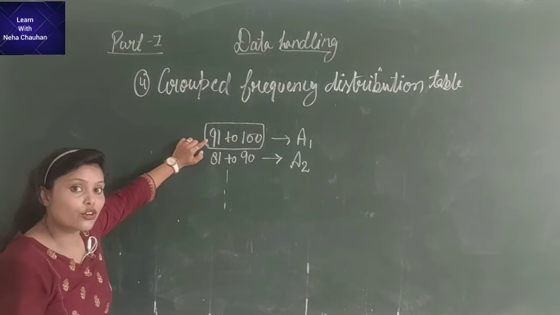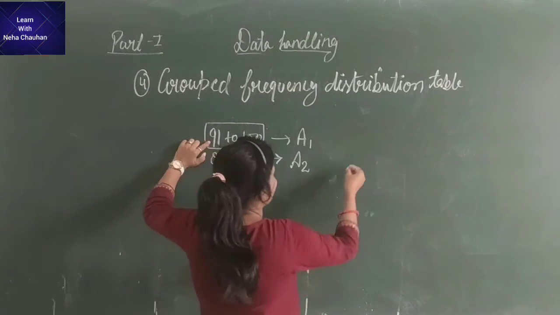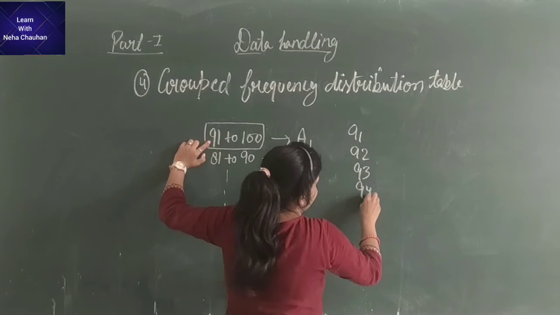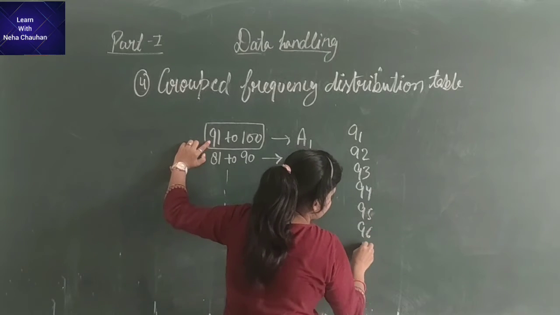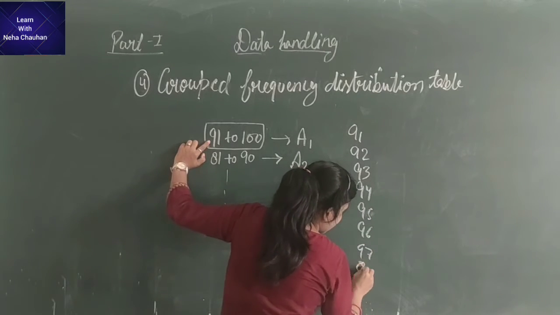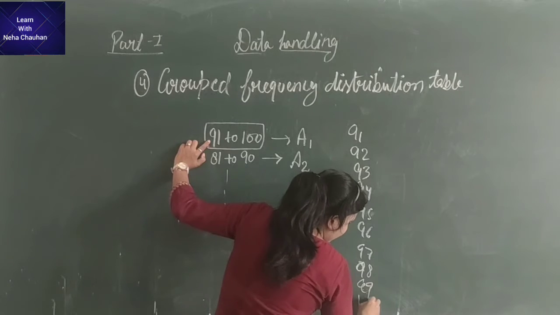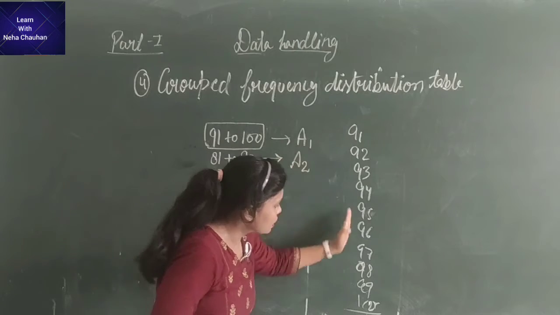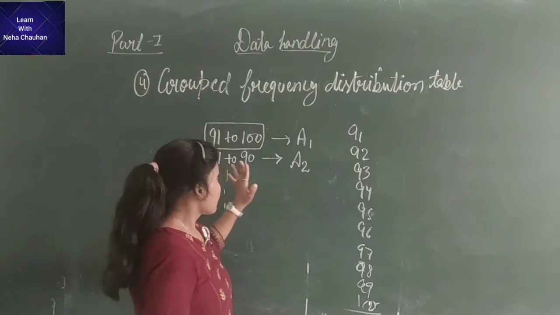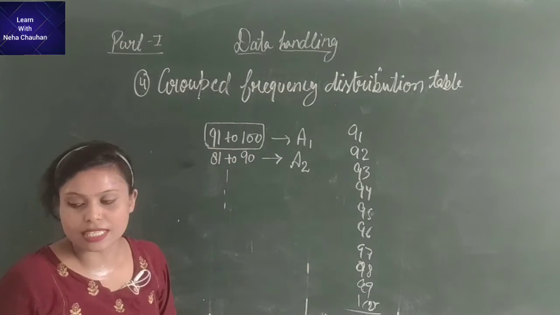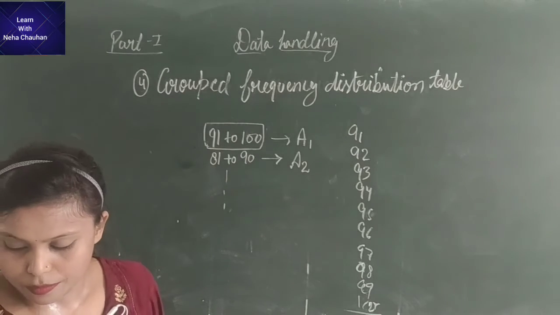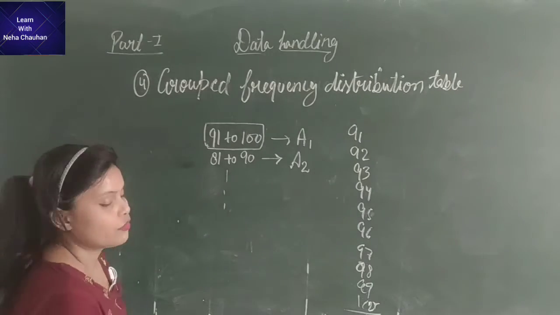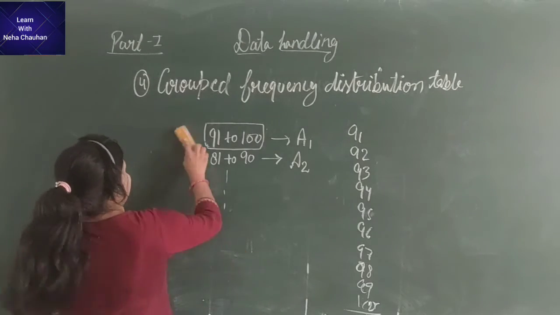This is a group of numbers in which 91, 92, 93, 94, 95, 96, 97, 98, 99 and 100 also included, right? So this is the group of these numbers, right? So how we will represent the data in this form? Now let's have an example for it.